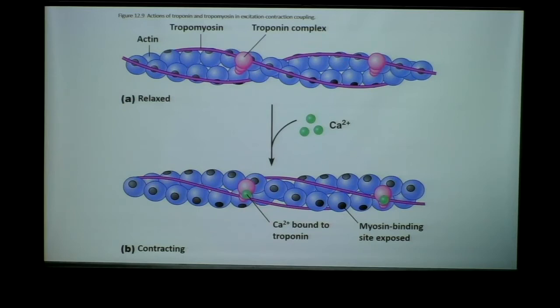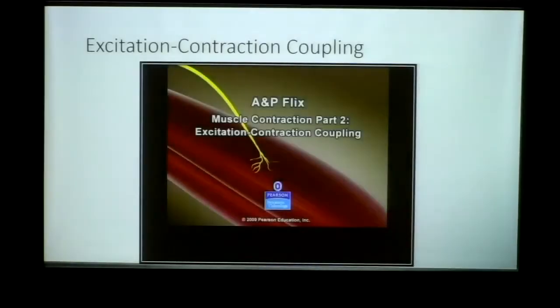And that tropomyosin gets dragged off of those binding sites, and now they are free and open and accessible for myosin to bind, okay? And so this is how the presence and absence of calcium regulates this process. If we have calcium, we can bind actin to myosin, and if we don't have calcium, we cannot. Okay, very, very important to distinguish those two states.